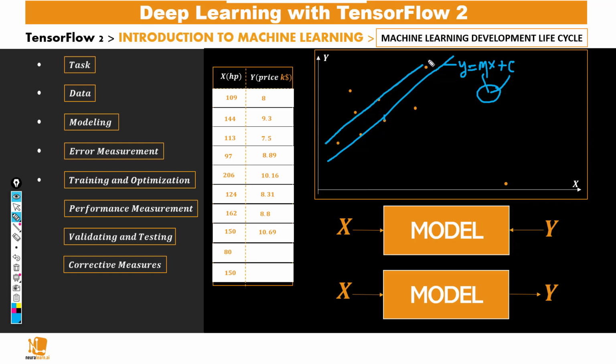We could have this line. We could have this other line. There is an infinite number of possible lines we could generate. And so in order to get this m and c, the method commonly used today is stochastic gradient descent.